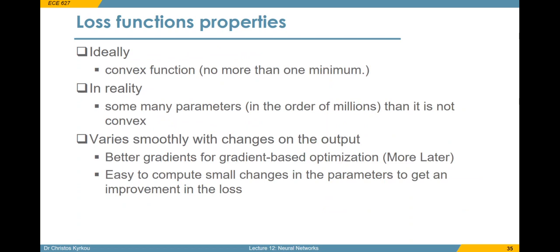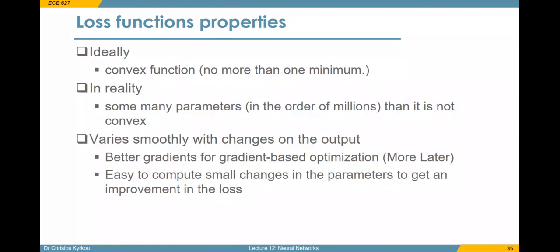Okay, so ideally, we want our loss function to be convex. That is, to have no more than one minimum. But in many cases, these functions do indeed have more than one minimum. And that is one of the challenges in training neural networks.